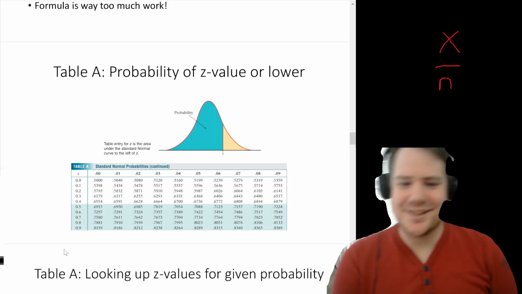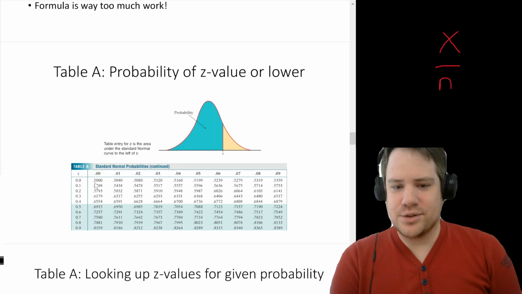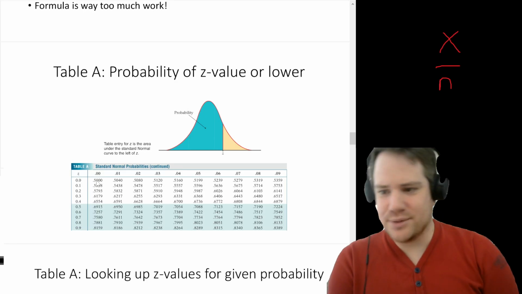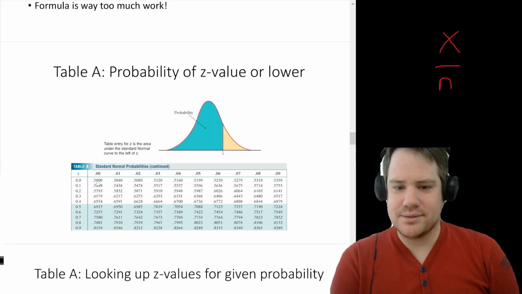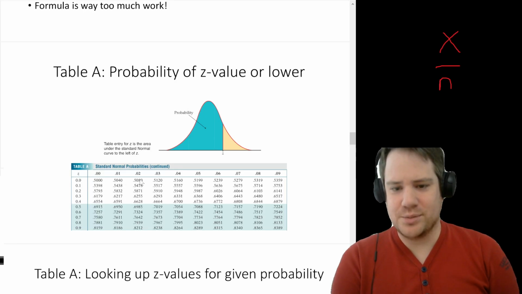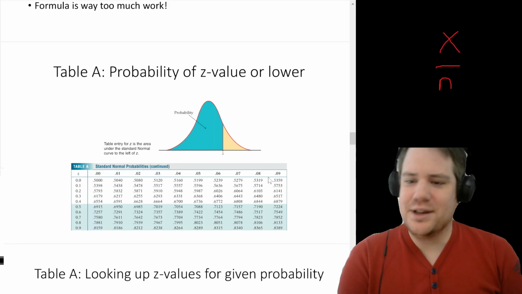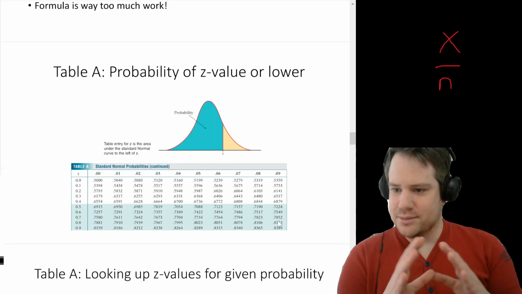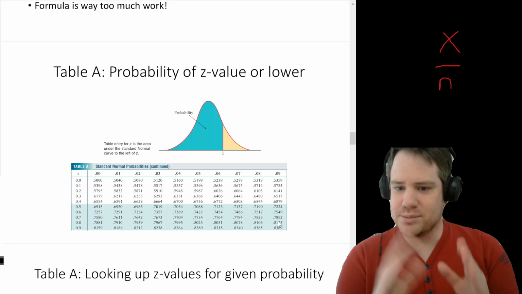For example, if the z-score is 0.00, exactly the halfway point, then exactly 50% of the distribution is below it. If you have a z-value of 0.01, then 50.4% of the distribution is below it. 0.02, then 50.8% is below it. You can keep going, and every time you get exactly what proportion of the distribution is below it.